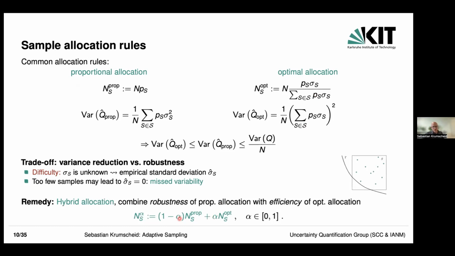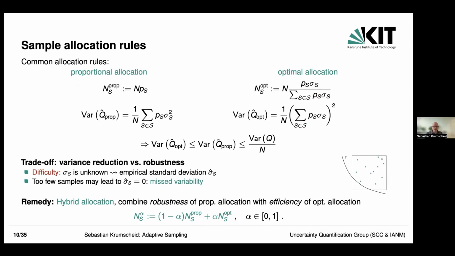It is just a convex combination of proportional allocation and optimal allocation. So we are introducing this parameter alpha: alpha equal 0 simply gives us proportional allocation, alpha equal 1 gives us optimal allocation, and alpha in between is what we call the hybrid versions.